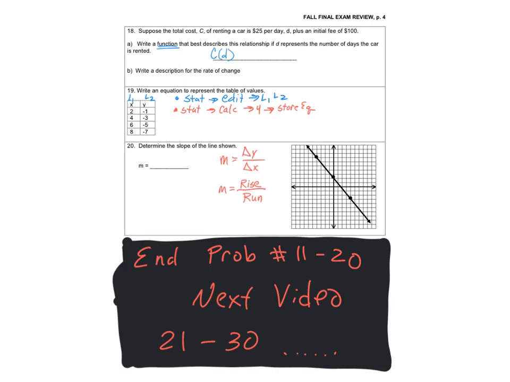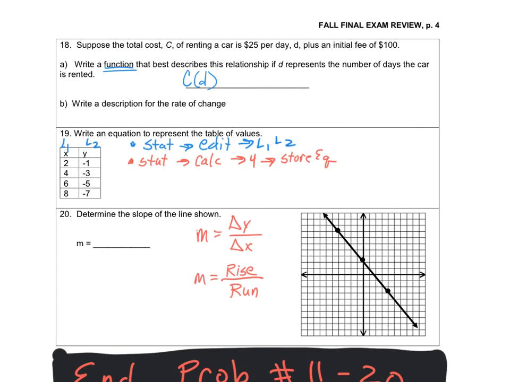Taking a look at number 18, let's read this question. It says, suppose the cost of renting a car is $25 per day. So we know that C is the cost, and we've got $25 per day, which lets me think that my slope is going to be 25, plus an initial fee of 100.